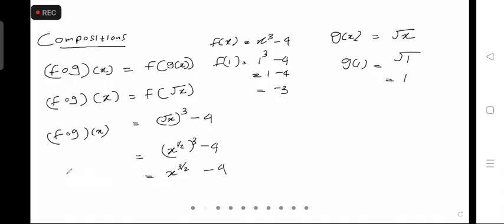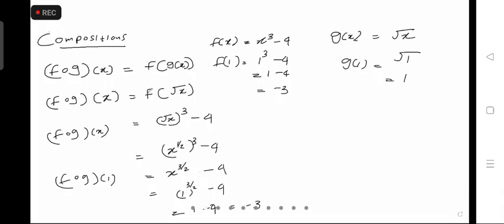Now, if someone asks the value for 1 here, you can simply apply 1 for this x. Answer is 3. So you can give the answer like this. If you simplify the operations using the functions, you can find the answer very quickly.